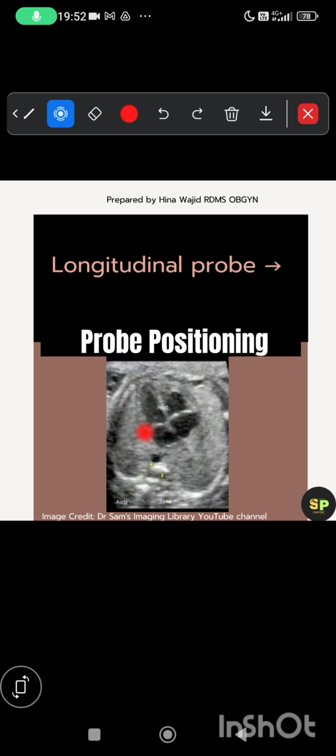Also see the aorta and IVC, their location, and also see the relationship of the portal sinus, because it always goes away from the stomach. So match all of these things.